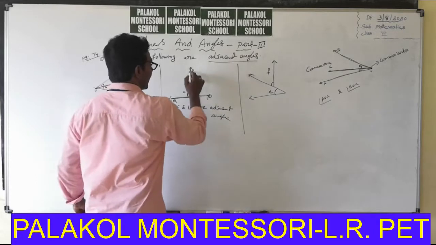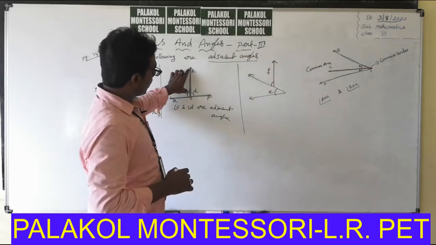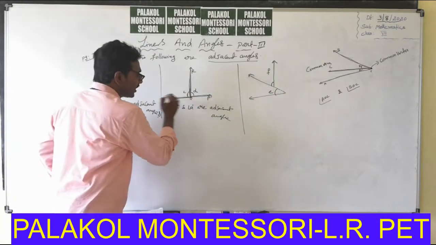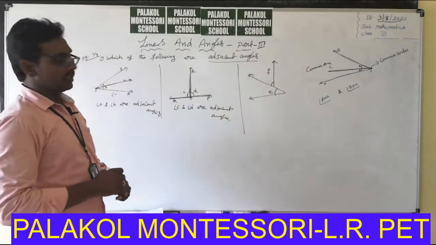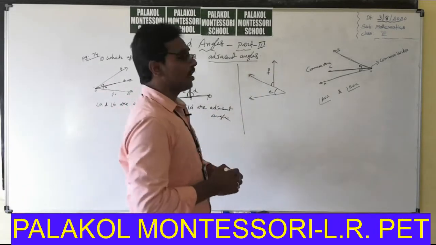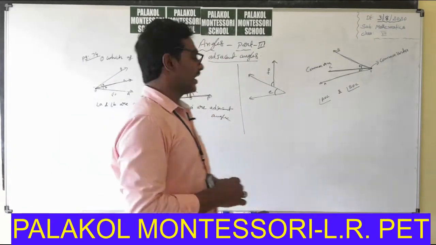In these two angles, one common arm is OR, and the common point is O. That's why angle C and angle D are adjacent angles. Guys, here one more point is there.